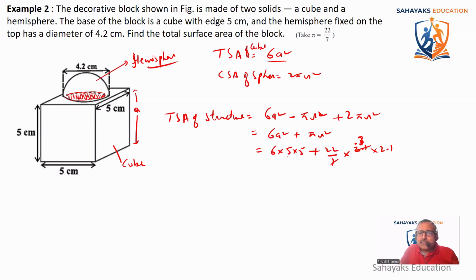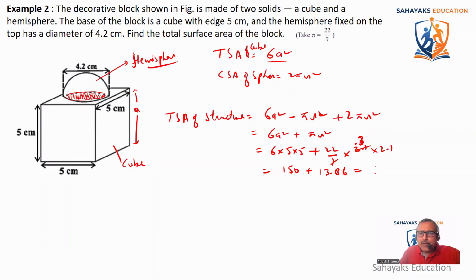It comes out as 6 5s are 30, 30 5s are 150. 150 plus 22 into 0.3 multiplied by 2.1 comes out to be 13.86.